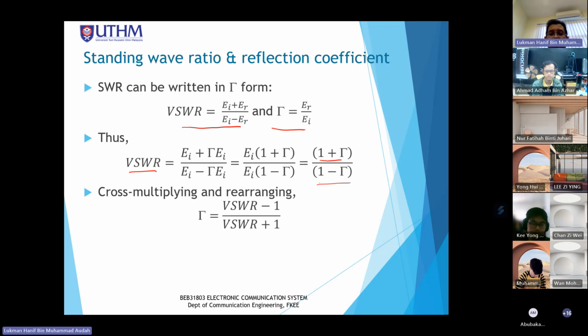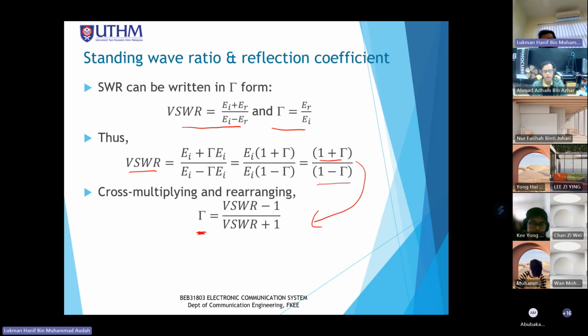We can also write the reflection coefficient equal to VSWR minus 1 divided by VSWR plus 1. We rearrange the equations and get this.